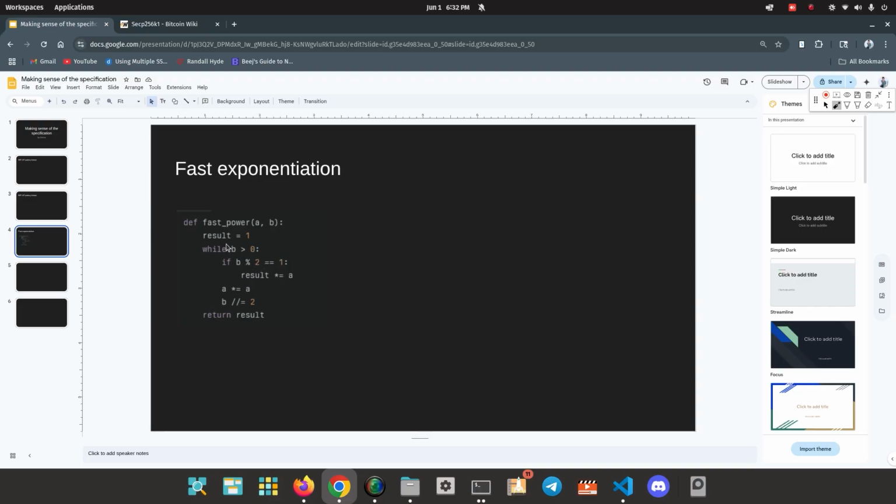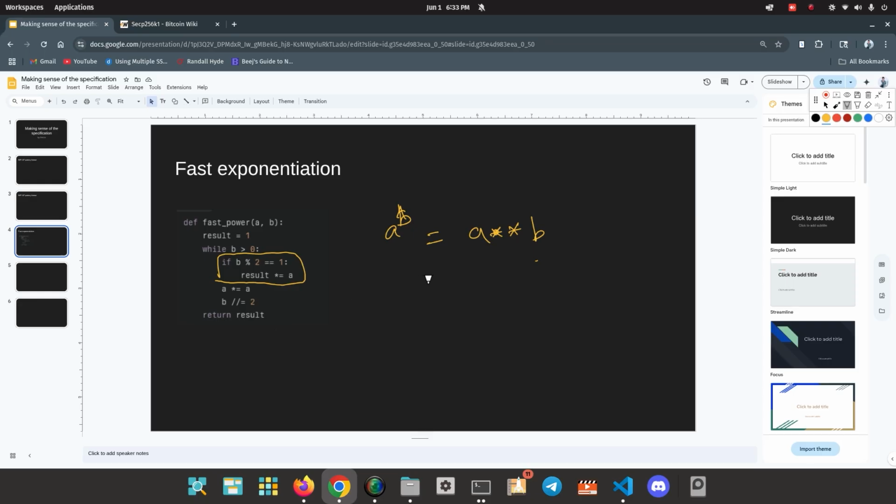We are trying to compute A to the power B; in Python terms, it is A star star B. The result will be the final answer. Now we iterate using a while loop. Ignore this box for now. At every step we compute A multiplied by A, that is A times A, and we divide B by 2.